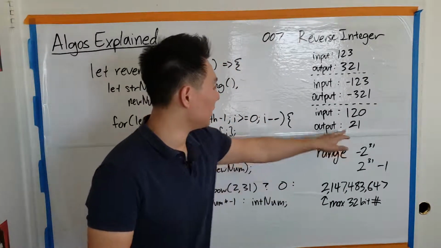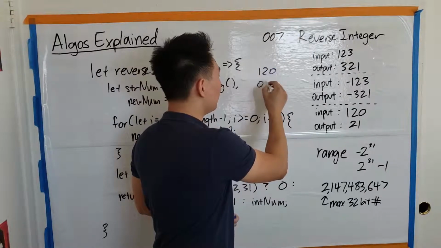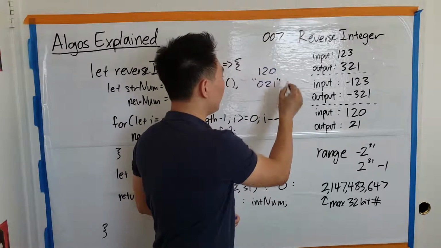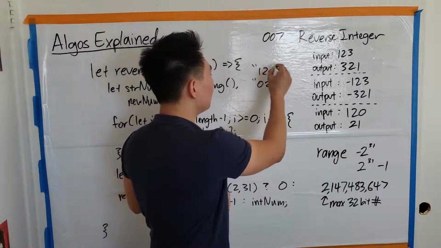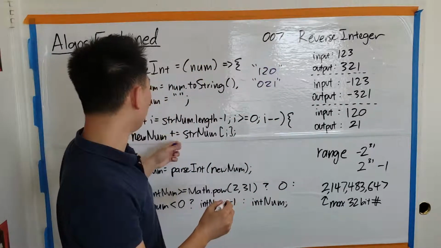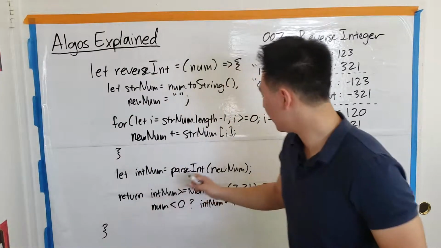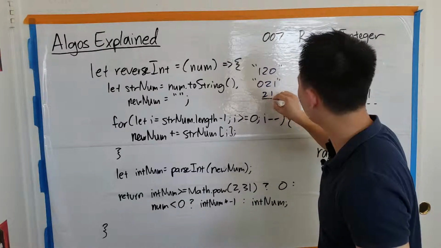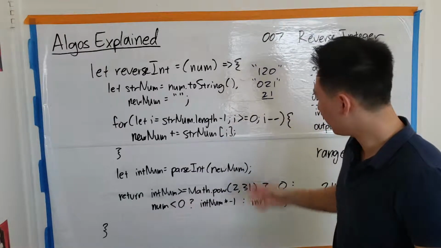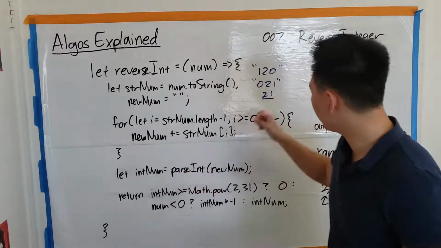Say we had our input that was 120, and we created string num to be 120, and now our new num after this for loop turned out to be 021. A good thing about parseInt is that it's going to take care of that 0 and knock it out, and we're just going to have the number 21. So we take advantage of that, and our int num is pretty clean.